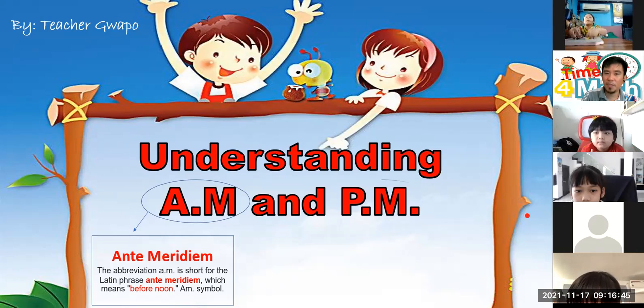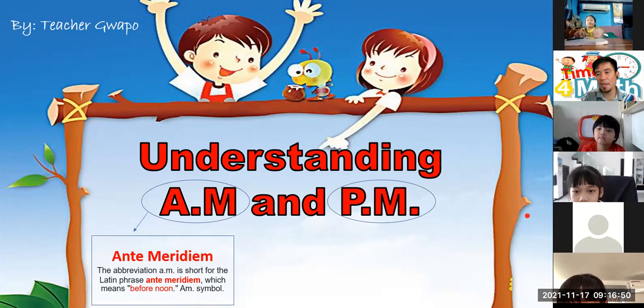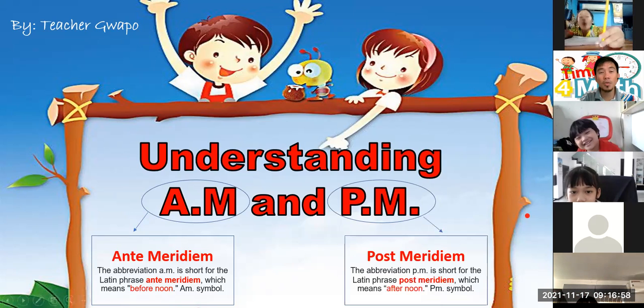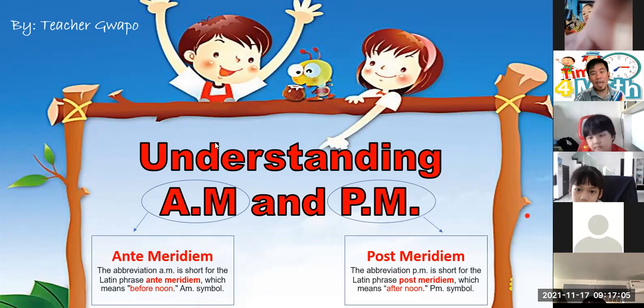What is PM? When we say PM, is it pineapple and mango? No, it's not pineapple and mango. P stands for post meridian. When we say post meridian, that means after noon.